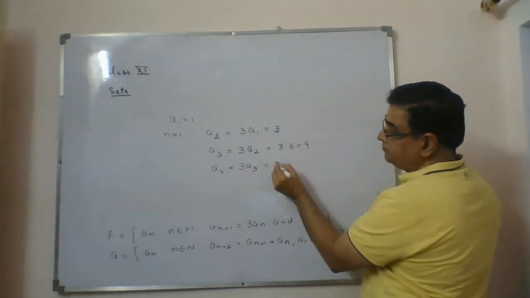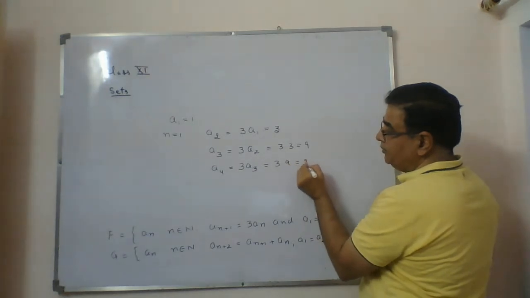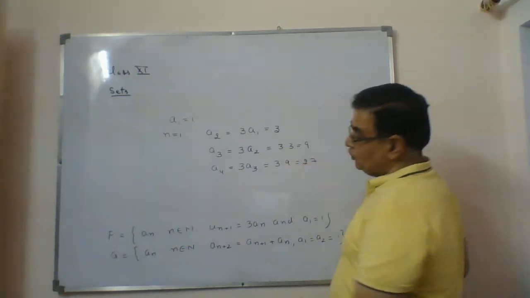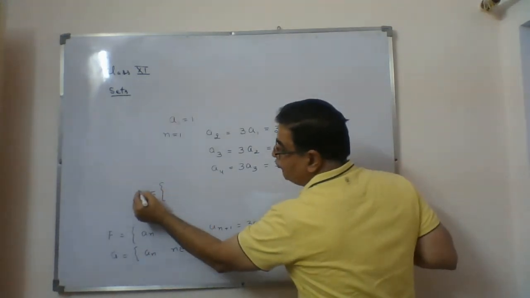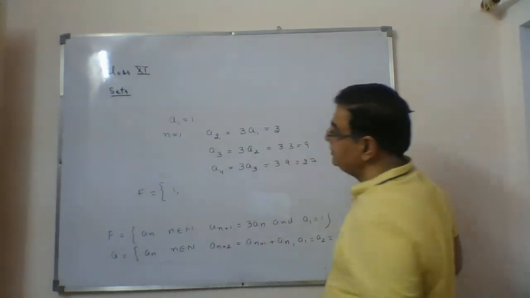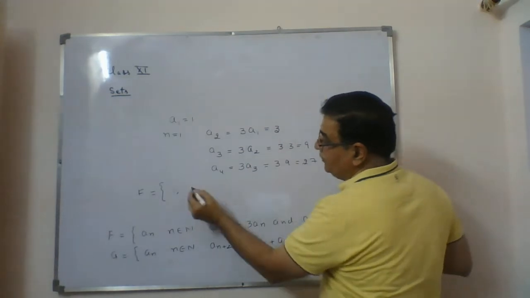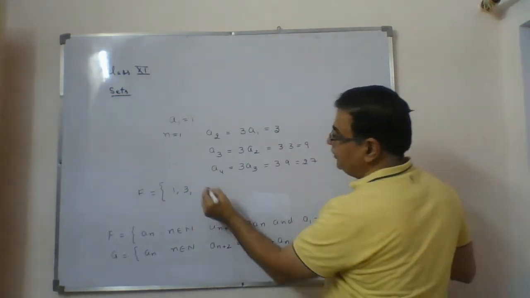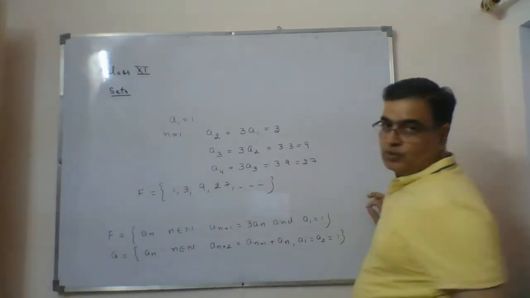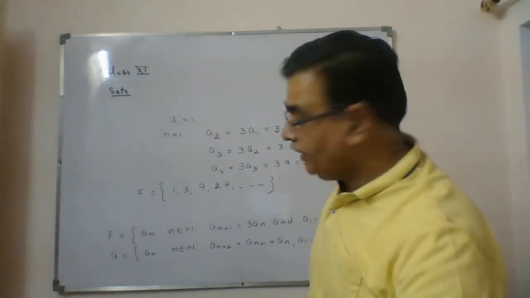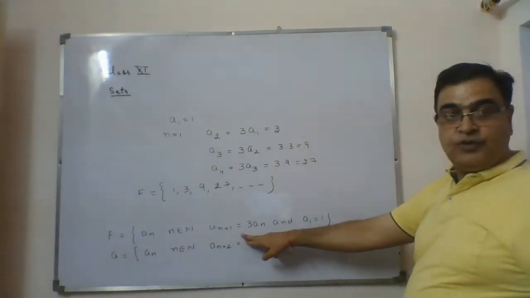What will it come? 3 into 9, it will be 27. So what will be the F we have this time? First element is 1, second element will be 3, third element will be 9, then comes 27, and so on it goes. Okay, this will be the series we have.